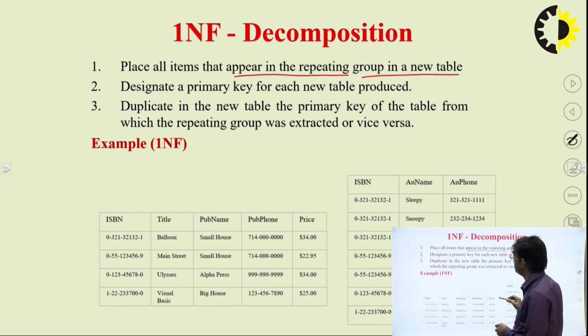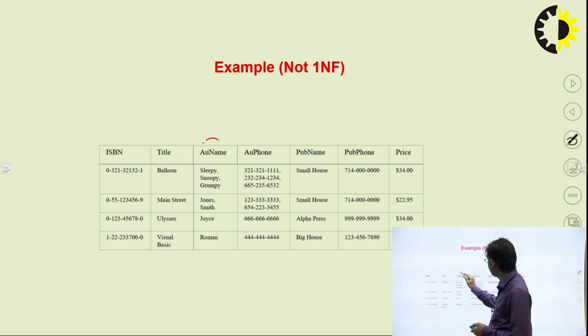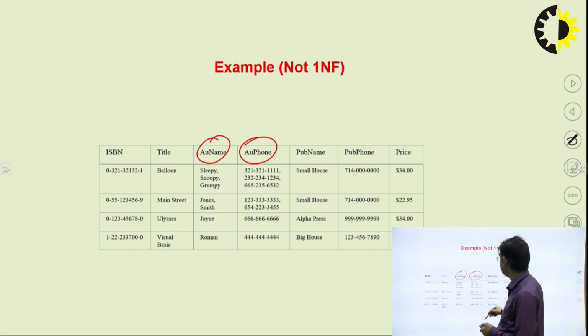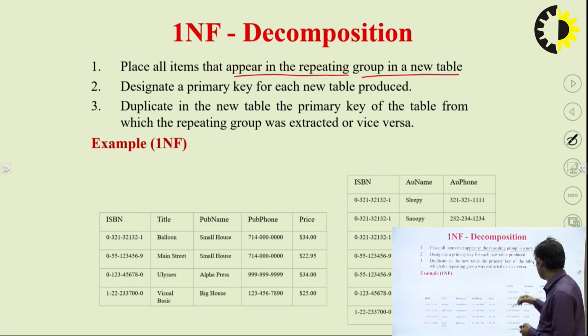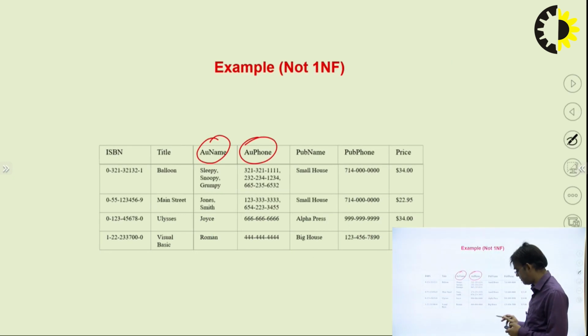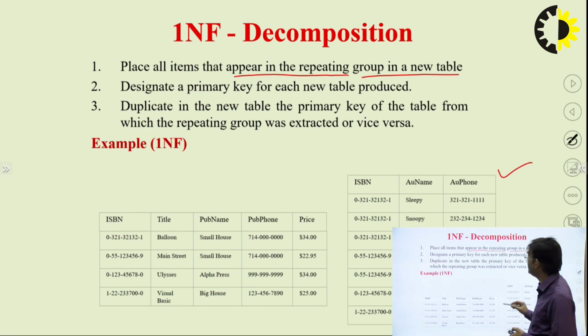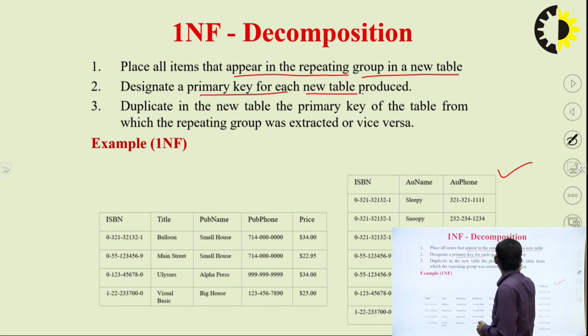Here there are two attributes, author name and author phone number. They contain multiple repeating values, so we have to place these two into a different table. Second, we have to designate a primary key for each new table.